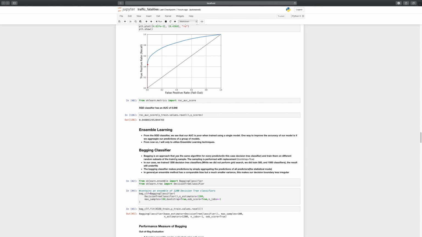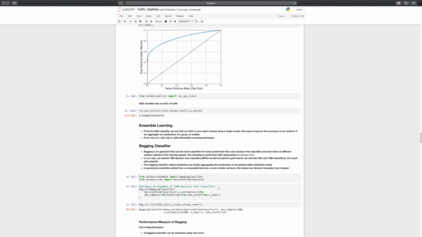What is bagging? Bagging is an approach that uses the same algorithm for every prediction, in this case a decision tree classifier, and then trains them on different random subsets of the training sample. The sampling is performed with replacement, which we also call bootstrapping.